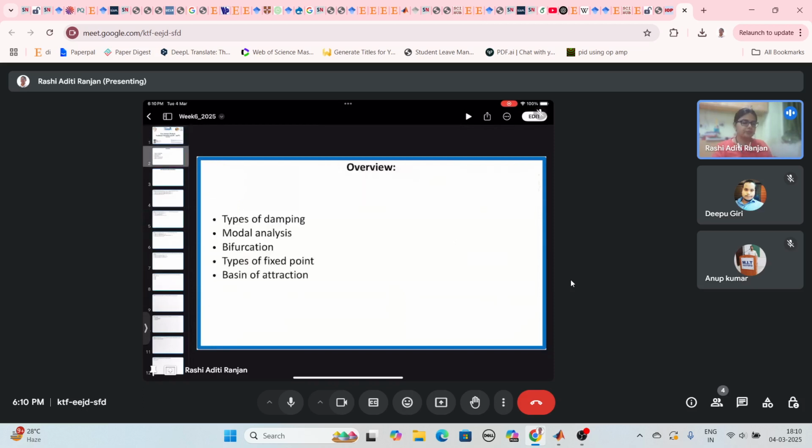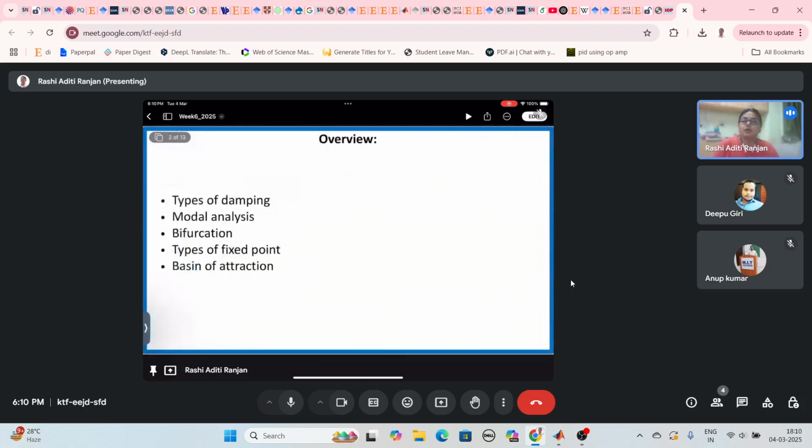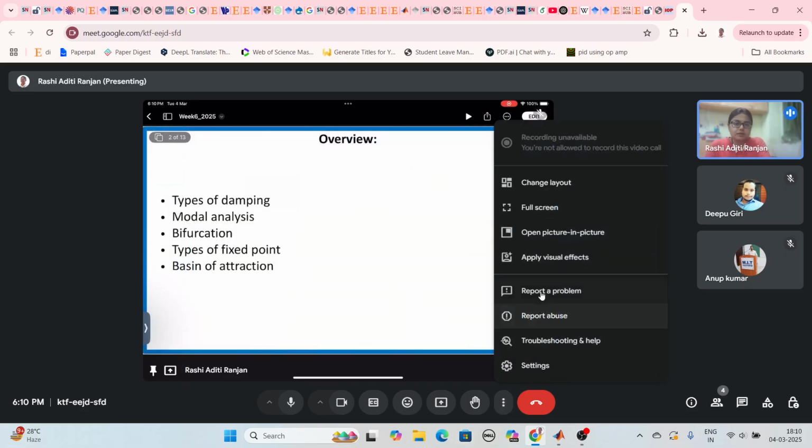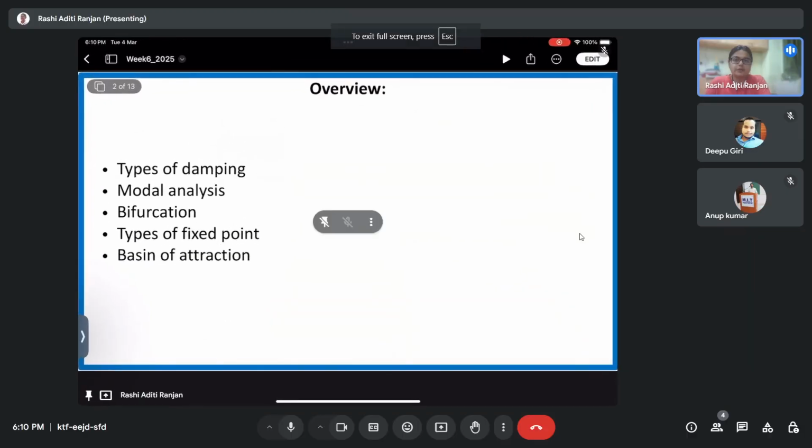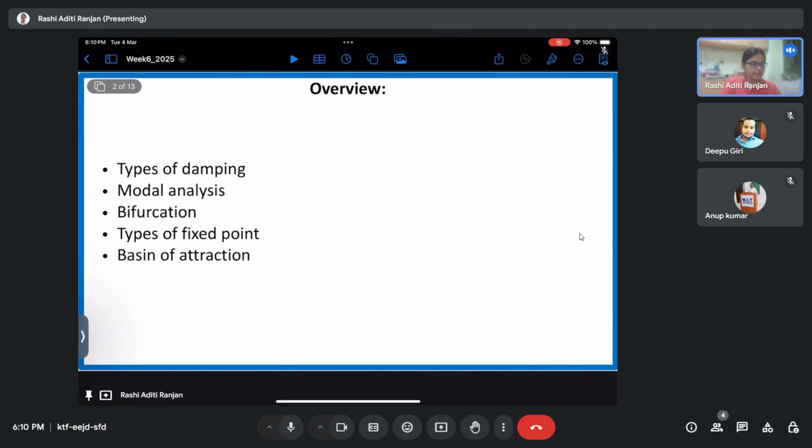Okay, coming on to the overview of what has been discussed in this week's lectures. These are the topics that have been discussed. Initially it was about the types of damping.